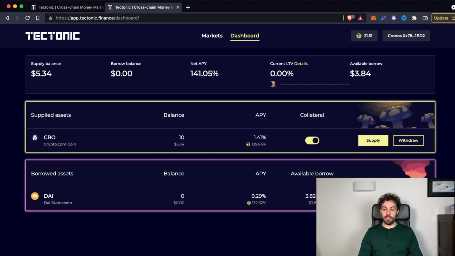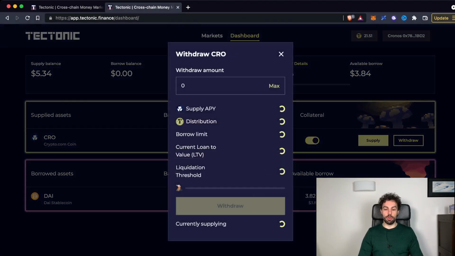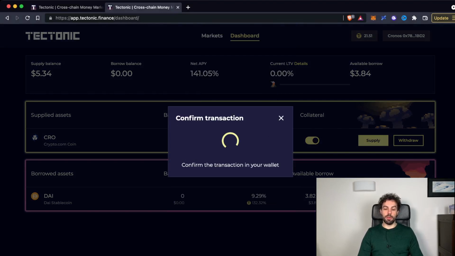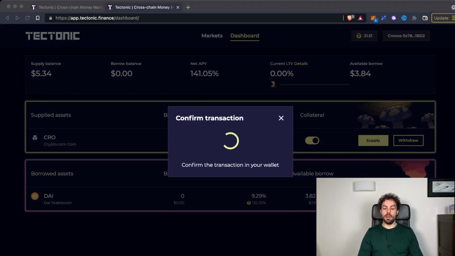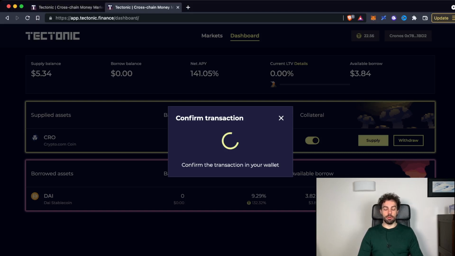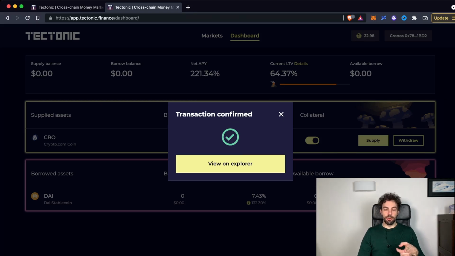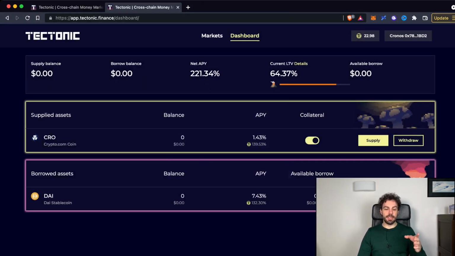In order to do it, you can just click withdraw. You can click max and confirm the withdrawal. You will have to confirm the transaction in your wallet, and wait for the broadcast. Once the transaction is confirmed, you can close it, and as you can see, there are still some leftovers in the supplied asset and also in the borrowed asset. But at the end, who cares?